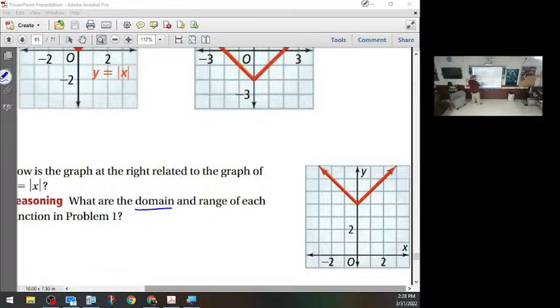Okay, domain is input, range is output. In terms of variables, they are the x's and the y's. What I can control, what comes out of it. The chicken I throw in the machine, the nuggets that come out. Okay, input, output.